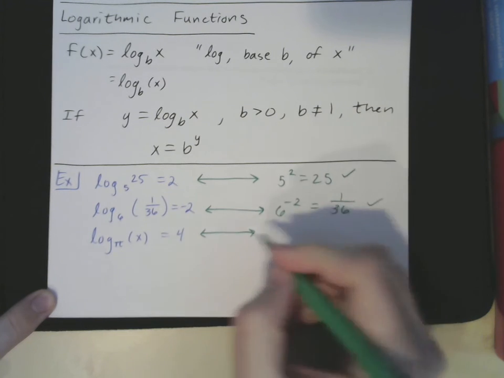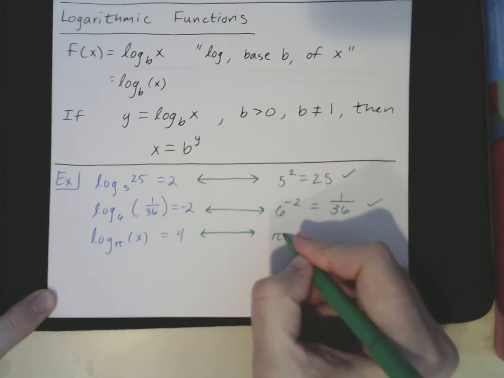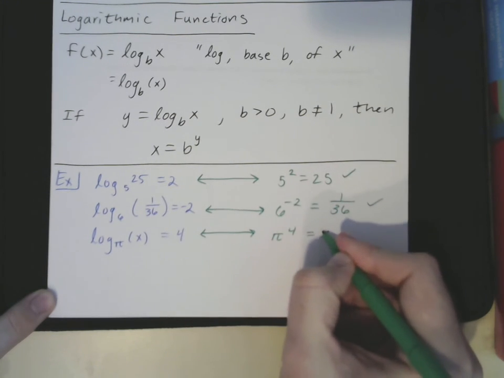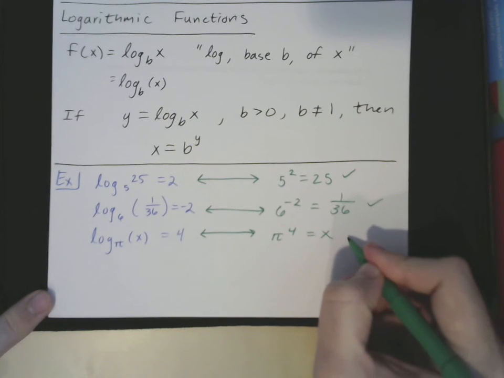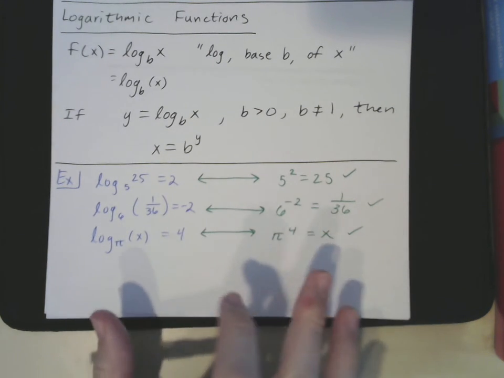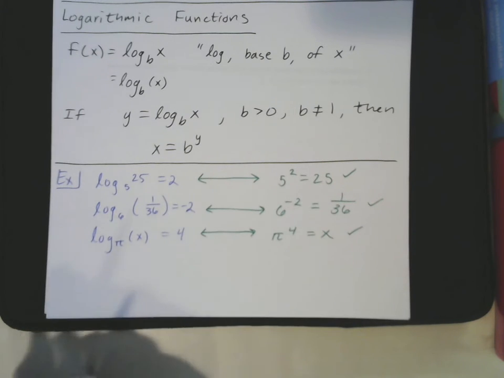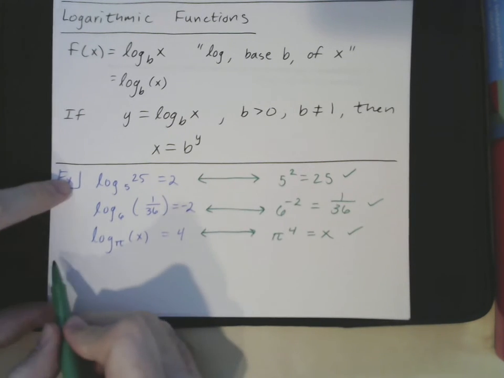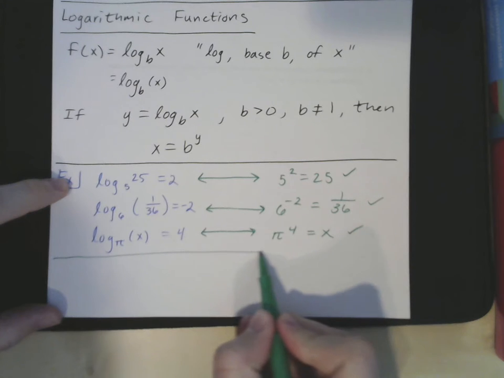And then finally, this says pi to the 4th equals x. And this is also true because x is a variable. So in this case, you would be finding out what x is, which is what we've done here. So we can use this switch between these two to solve an equation that has a logarithm.